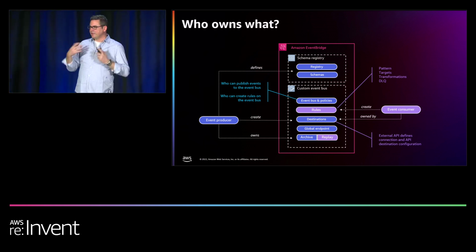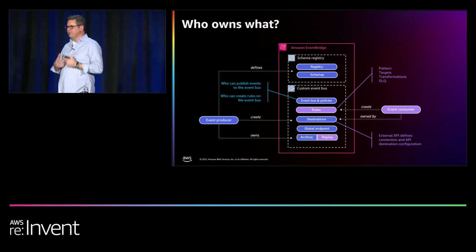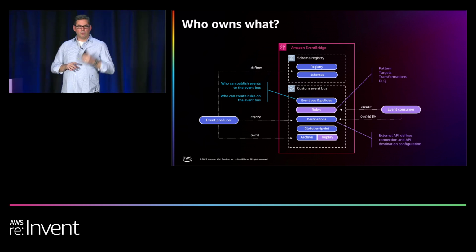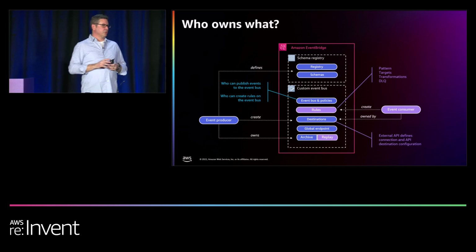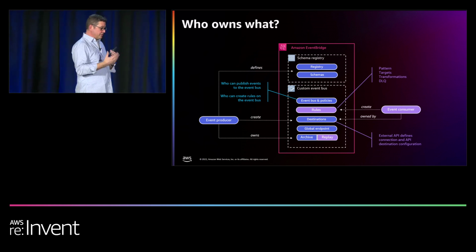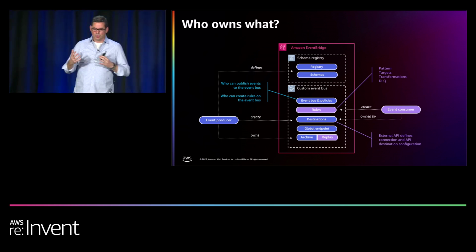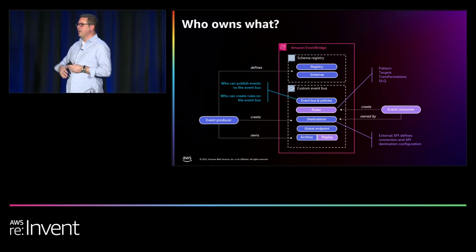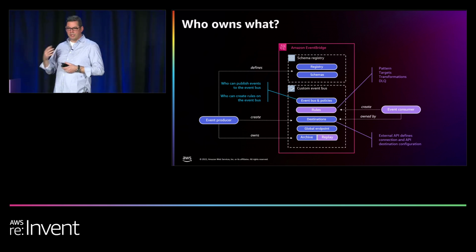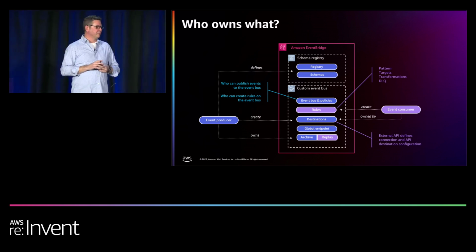So the event bus owner needs to take responsibility and work in conjunction with those external API owners to make sure that the integration stays current as their security credentials or endpoint configurations potentially change.